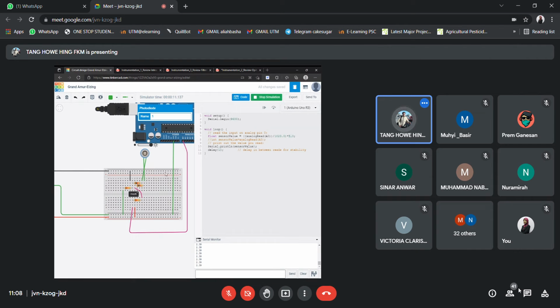Okay, never mind. This one I need to figure out again. I need to say that I'm still trying to get a more proper circuit for it.